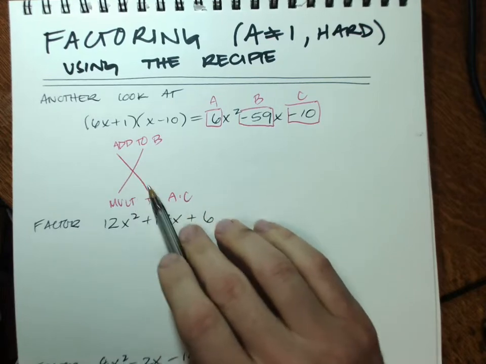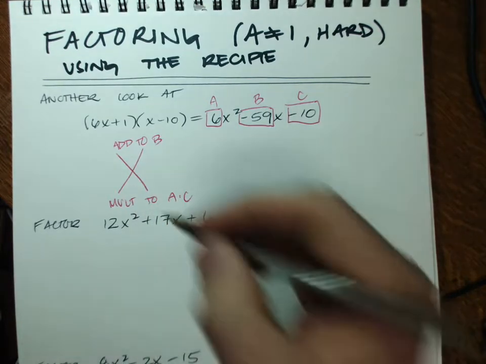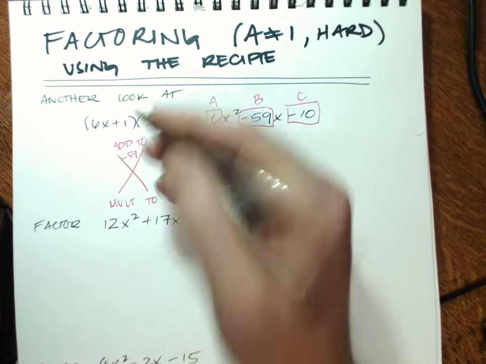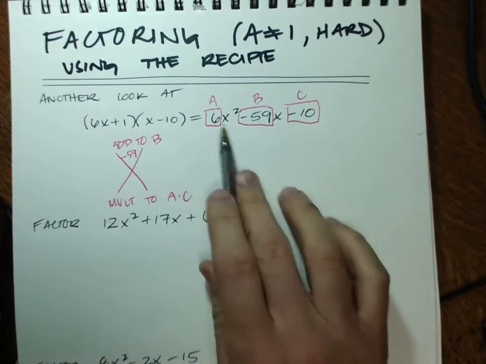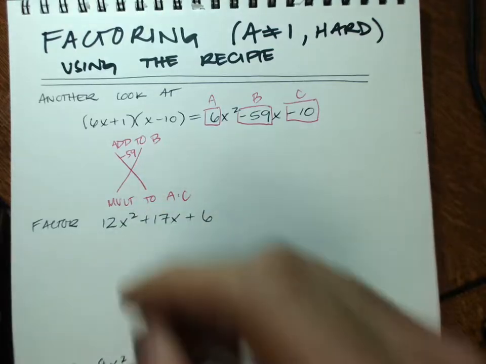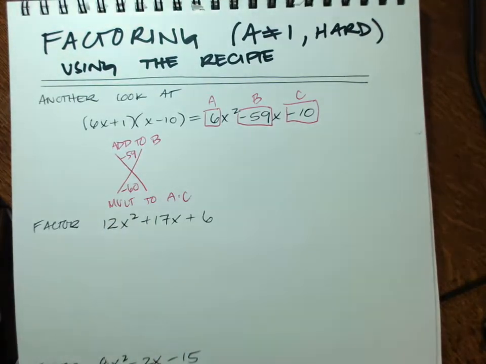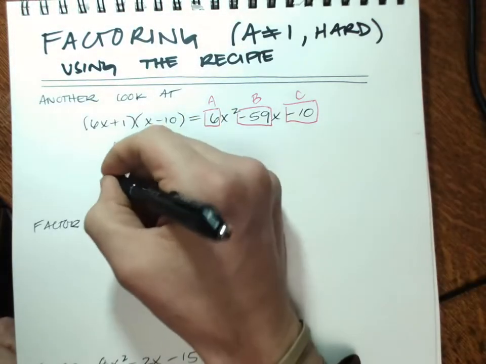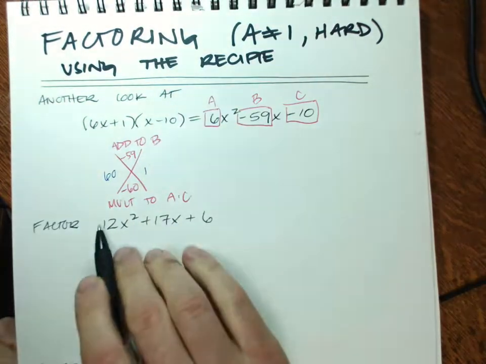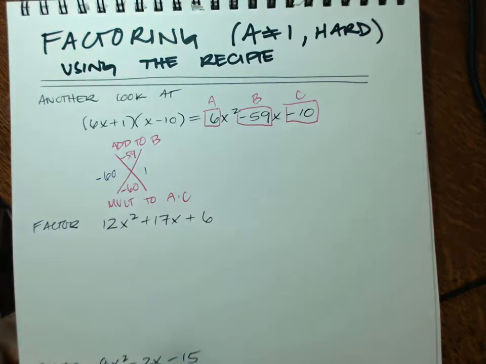In this cross, the two numbers add up to negative 59, but they multiply to negative 60. The answers would be 60 and 1, and the 60 is going to be negative.